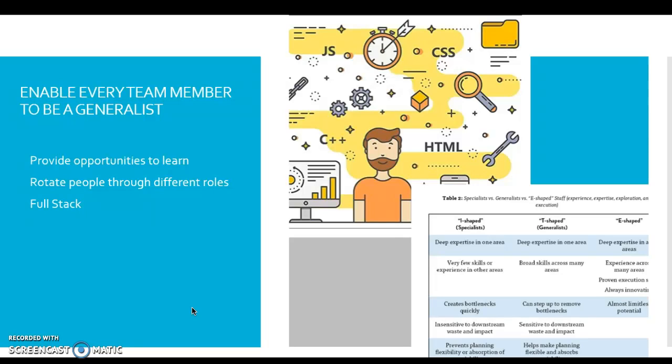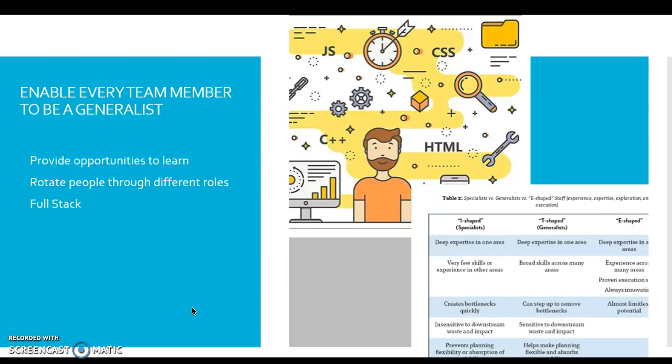So, how do we get these generalists? First, we can provide opportunities to learn. Then we can rotate people through different roles. Rotating people through different roles, for me, is the main point to get generalists. When we have someone who is not doing only one task, but can do multiple, different tasks, then this person is going to be able to understand not only one point of the application, but many different points.